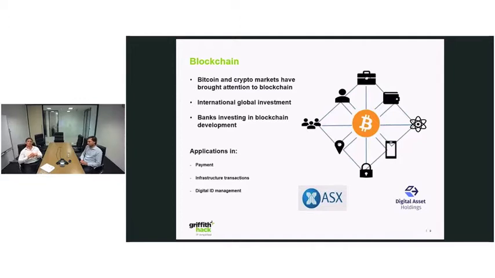So what's going on at the moment with blockchain from where we stand? There are some blockchains which have already been created, like the Bitcoin blockchain, which is there to facilitate transactions of Bitcoin.